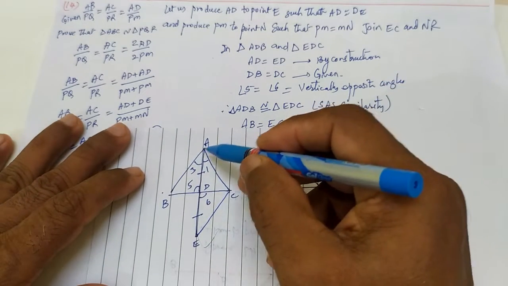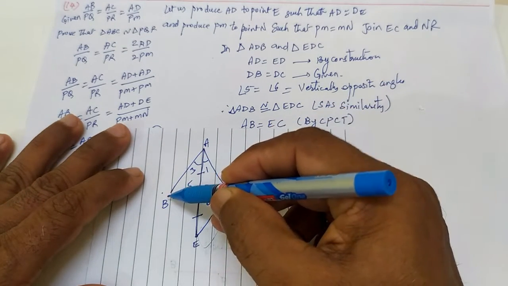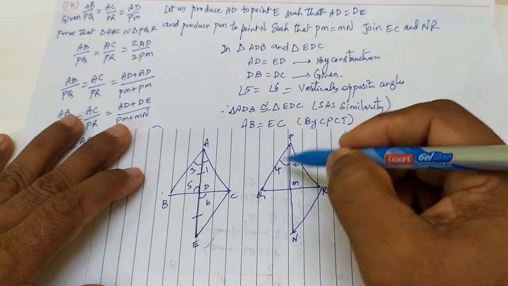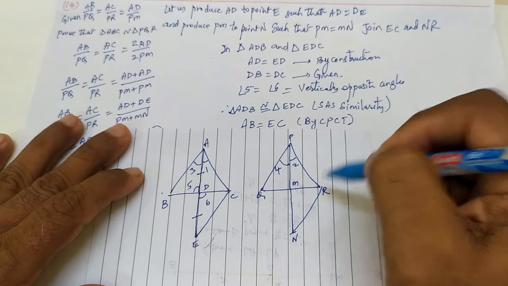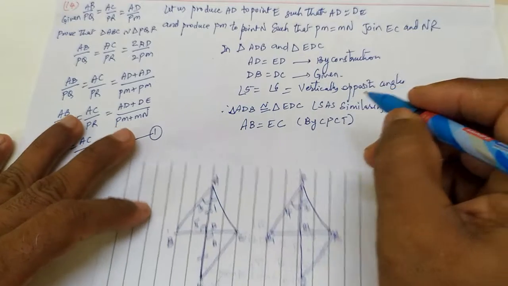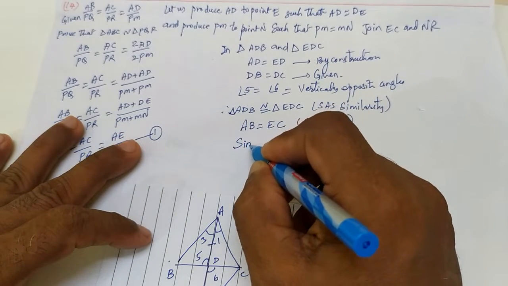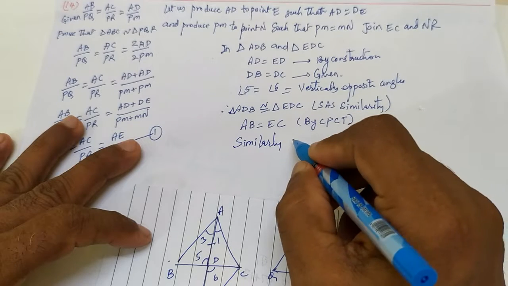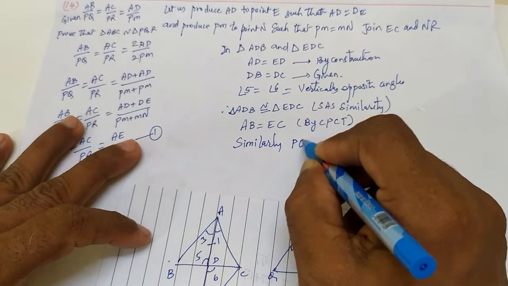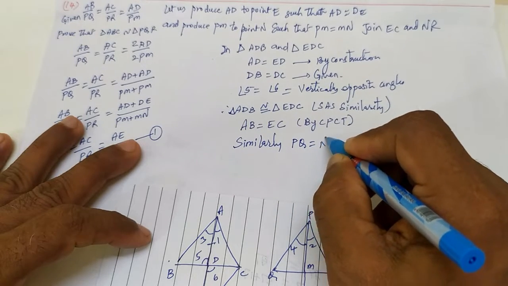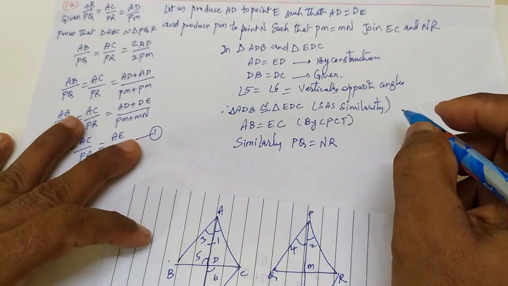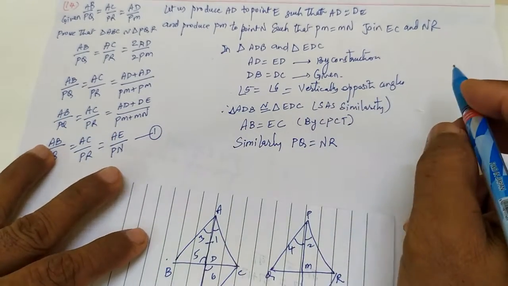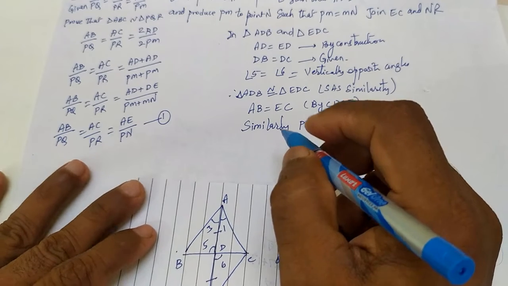As we have proved AB is equal to EC, similarly we can prove PQ is equal to NR. So from this equation what do we get?